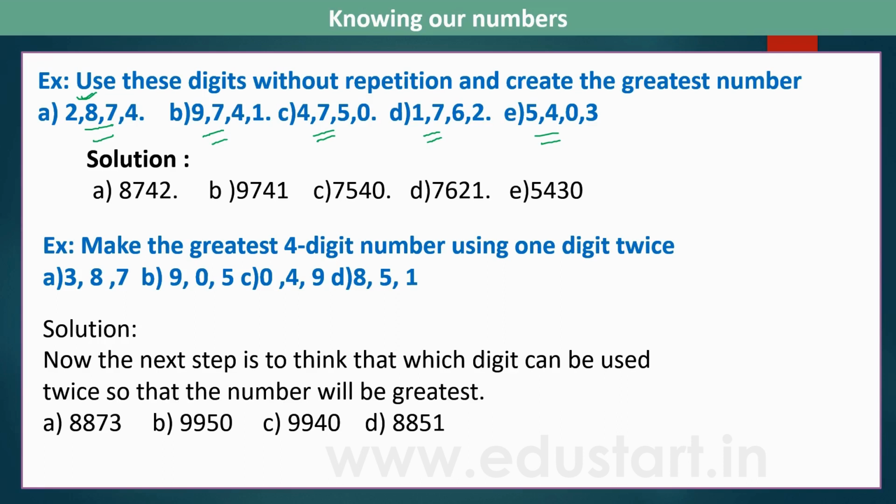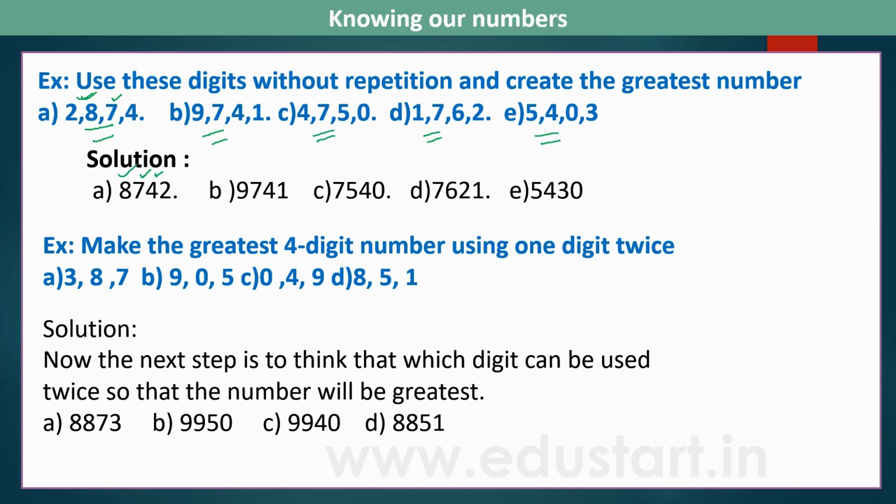If you see the first digits 2874, in this case 8 is the biggest digit, so 8 is placed in the thousands place. The next biggest digit is 7, so 7 is placed in the hundreds place. The next biggest is 4, so 4 is in the tens place. And the next biggest is 2, so that is placed in the units place.